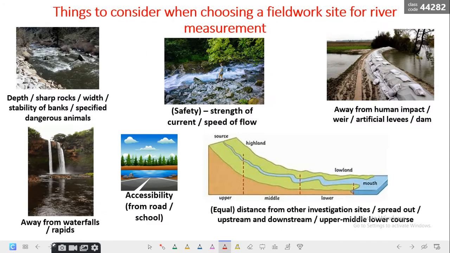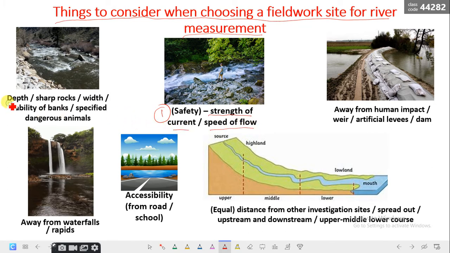Without wasting so much time, I've seen lots of questions where they ask you what are the things to consider when choosing a fieldwork site for river measurement. Most of the things you need to consider revolve around safety. Safety in the sense that you have to look at the strength of the current, that's the speed of flow, so that you'll not be carried away by the moving water.